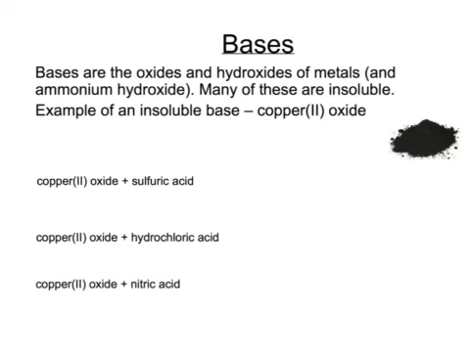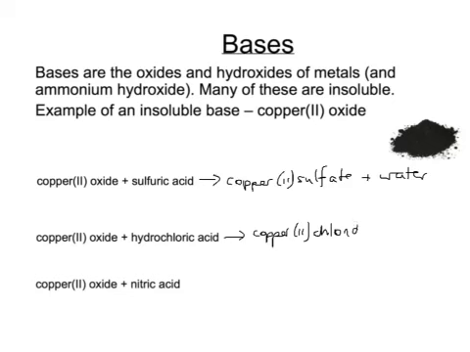If the copper oxide is reacted with sulfuric acid, this will make copper 2 sulfate plus water. With hydrochloric acid, it will make copper 2 chloride plus water, and with nitric acid it will make copper 2 nitrate plus water.